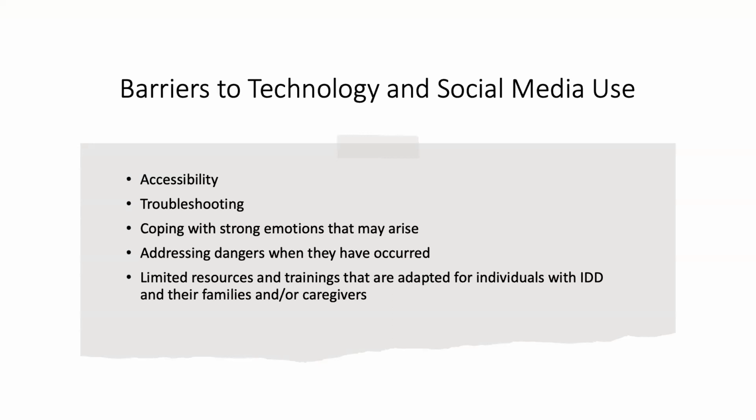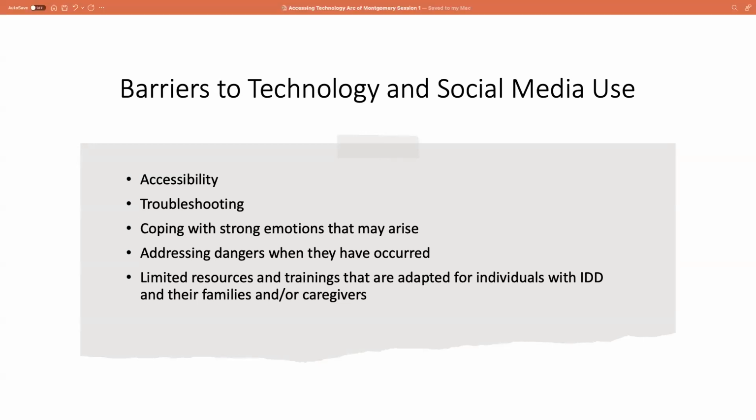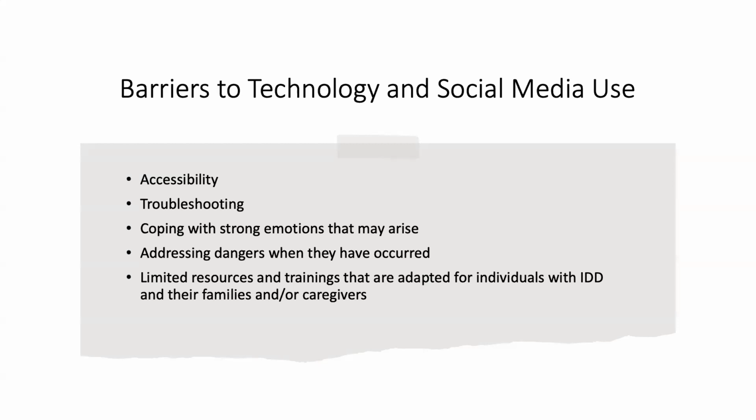There's also limited support for direct support professionals on how to deal with this sort of stuff when it happens, and for families. And so that's an area where I have really been devoting my time. Yay, and that's why I'm here. So those are huge barriers to technology and social media use.